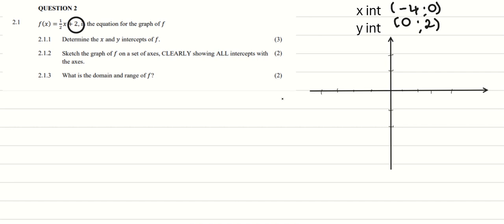Okay, question 2.1.2, they ask us to sketch it. Righto, the x int is at negative 4 and 0, which is somewhere around here, right?